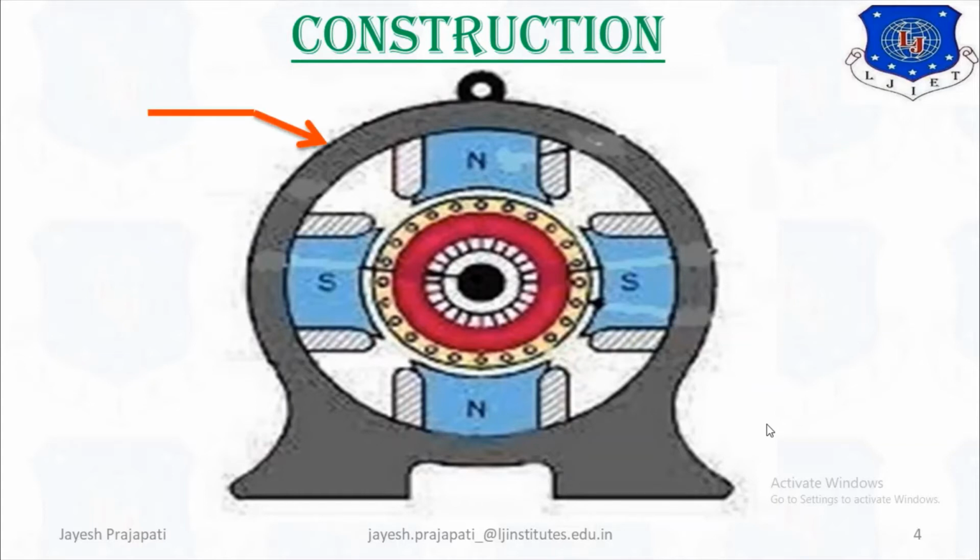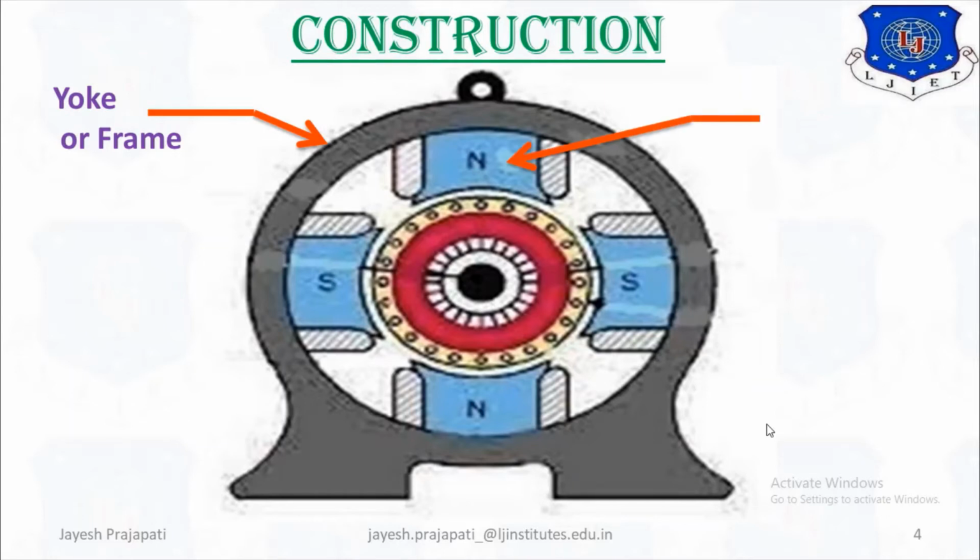First, the most important part is the outer cover of the motor, that is called the yoke or frame. It provides protection to the inner rotating parts from moisture and dust. It is an iron body which also provides a path for the magnetic flux.